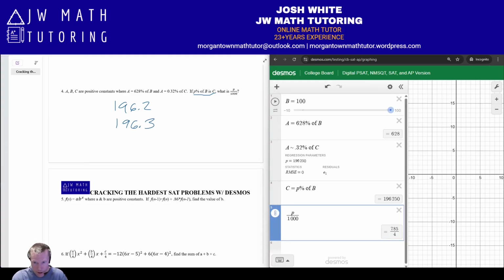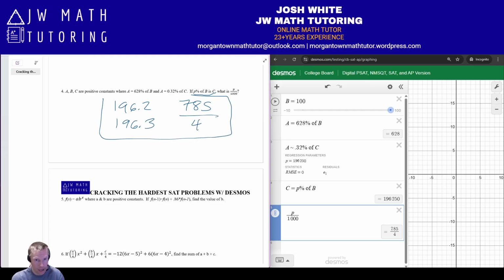Now, if you convert it to a fraction, you get 785 over 4, so it looks like we could enter that in as well, because that would only take up 5 total spaces: 7, 8, 5, the division sign, and 4. So any of these three answers would technically be acceptable for this problem.